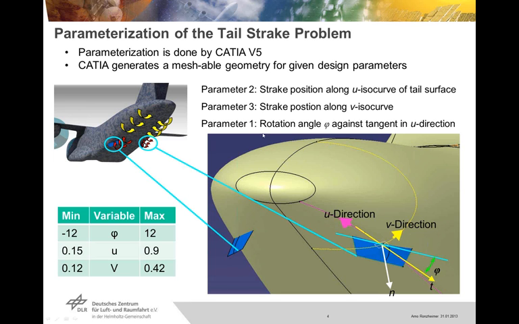And there's an additional design parameter which defines the tangent of the tail strake according to the U direction. For the optimization, these parameters are limited to not hit the intersection with the symmetry plane, or intersect with the closing panel of the fuselage.